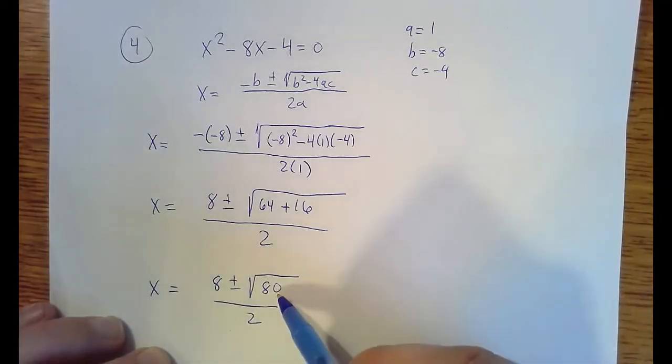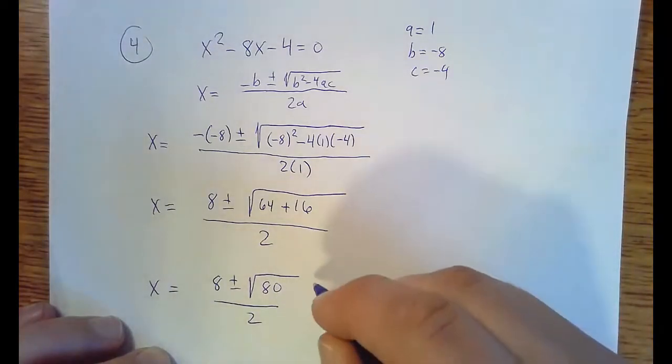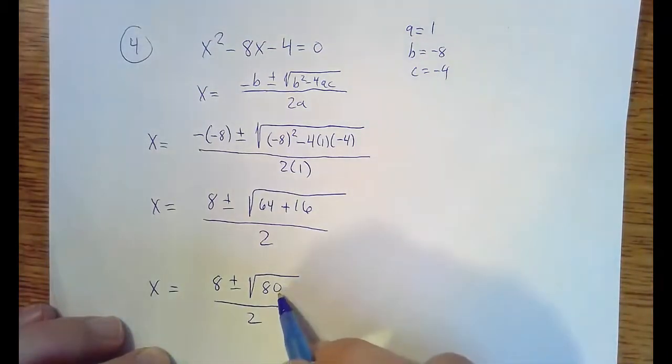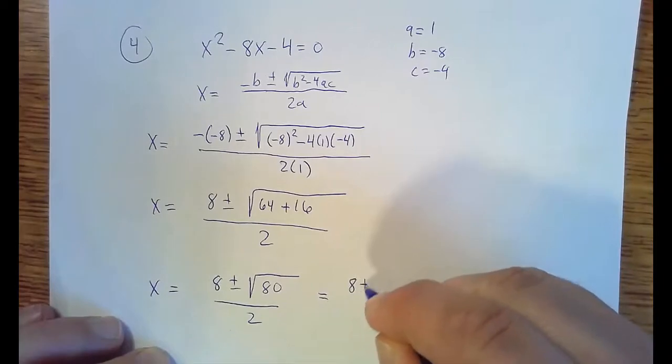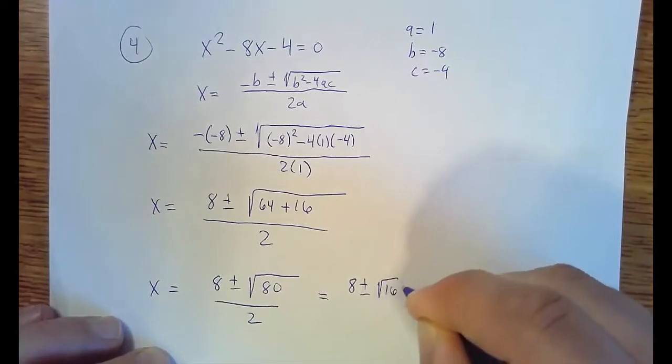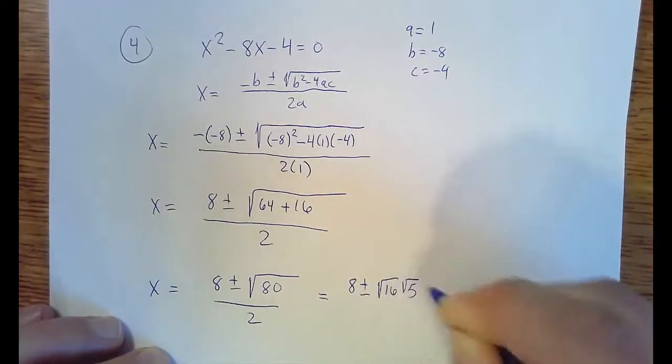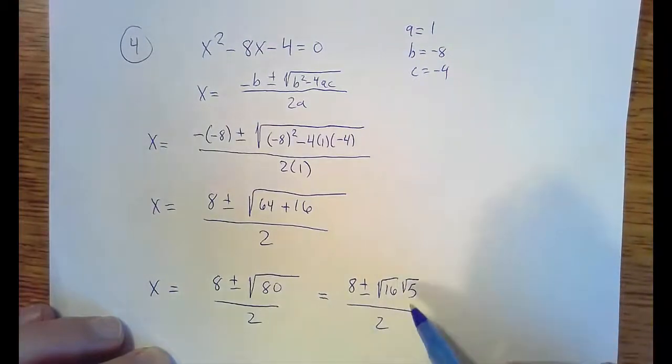However, the number 80 has a factor that is a perfect square. 80 is 16 times 5. So I can simplify this by thinking of the square root of 80 as the square root of 16 times the square root of 5. And then the square root of 16 is 4.